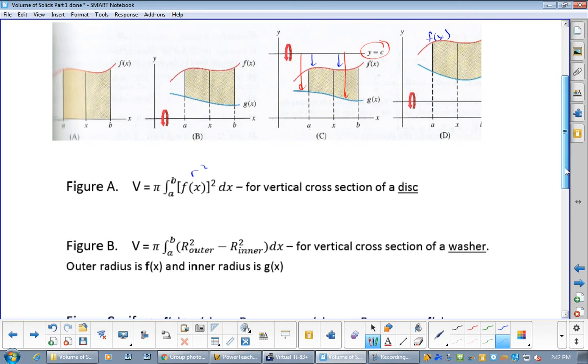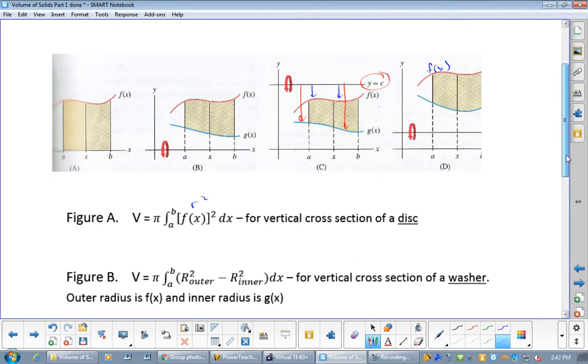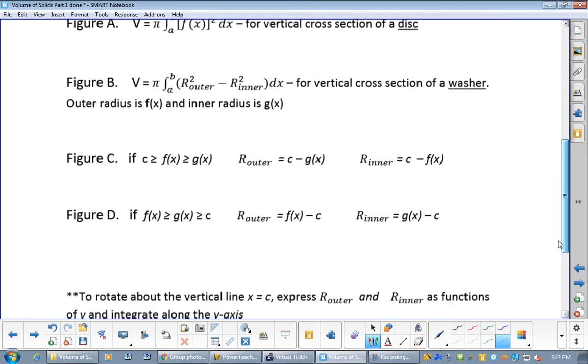And then we're going to go g of x minus c. This is g of x. So if it's underneath, put the c second. But if it's over top, like in figure C, put the c first, c minus.